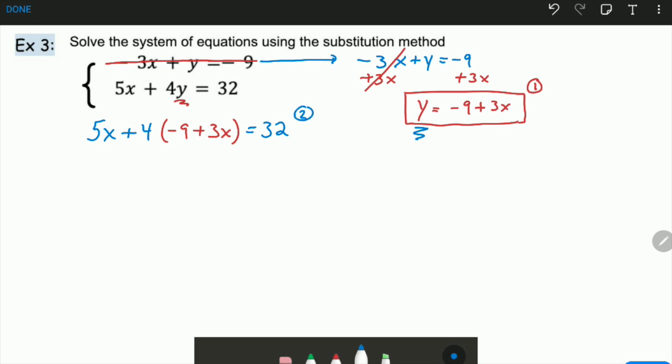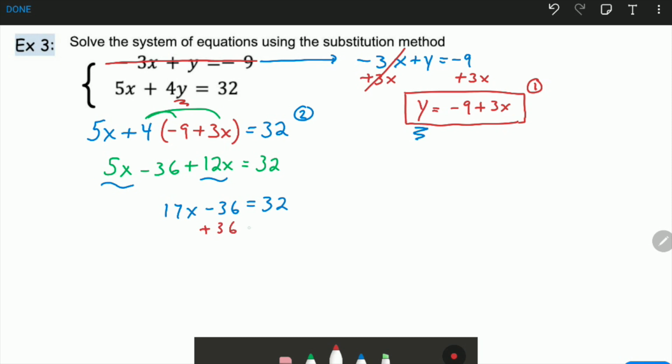And then step 3 is to solve this equation. So we'll have to distribute. So we're going to have our 5x coming down, minus 36 plus 12x equals 32. Combine like terms. We have 17x minus 36 equals 32.